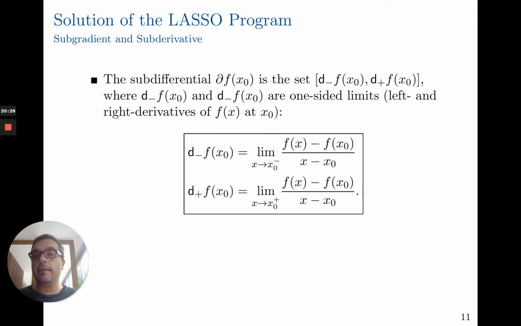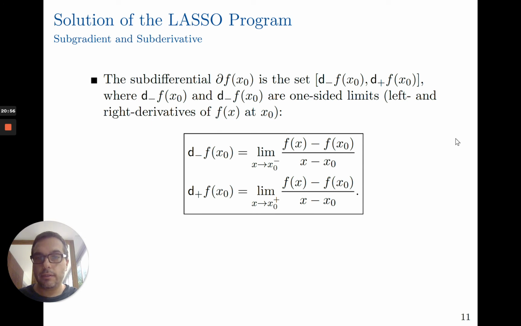We define the subdifferential, which we say is calligraphic D f evaluated at the point x naught. It will be the closed set between D minus and D plus, where D minus and D plus are the one-sided limits, the left and right derivatives of f of x at x naught.